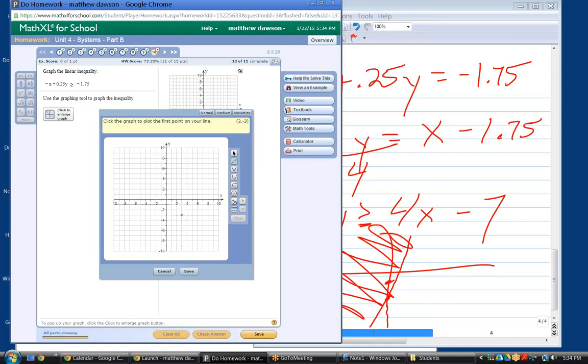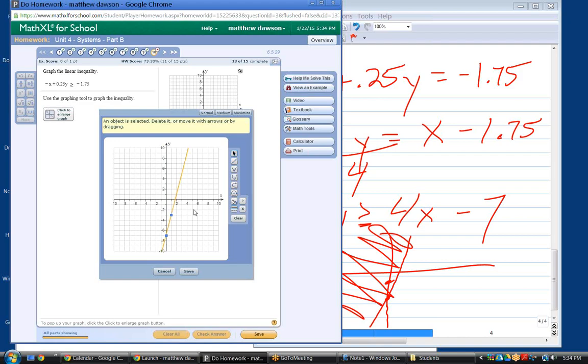Click on the first point, which is -7. And click on the second point. If I have a slope of 4, I got to go up 4 and to the right 1. There's up 4, there's to the right 1. Okay, so there's my line.